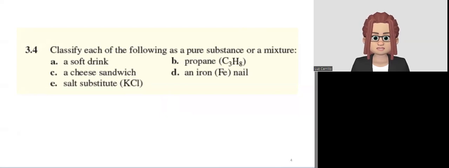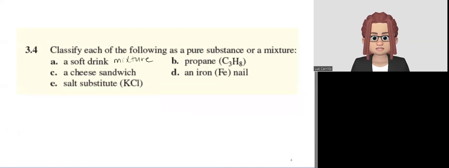Soda is an example of a mixture because it's composed of water, carbonation, caramel color in the case that it has some, it has sugar. So there's many things that came together in order to make that soft drink.